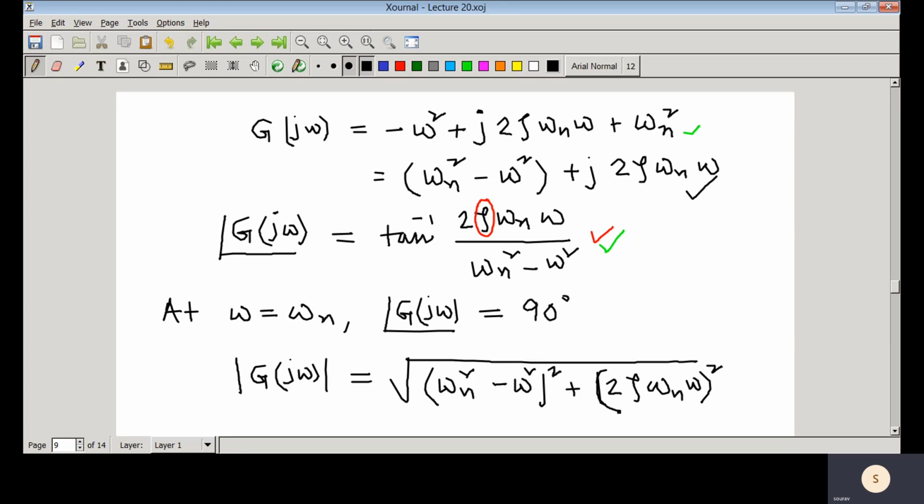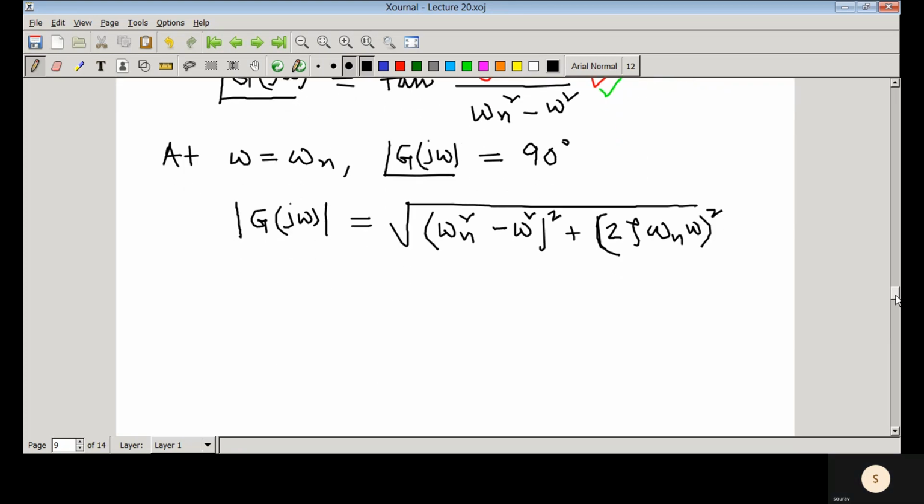Here also, if we consider the corner frequency, omega equal to omega n, what would be the magnitude?